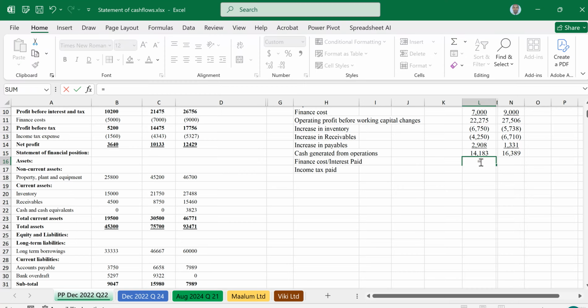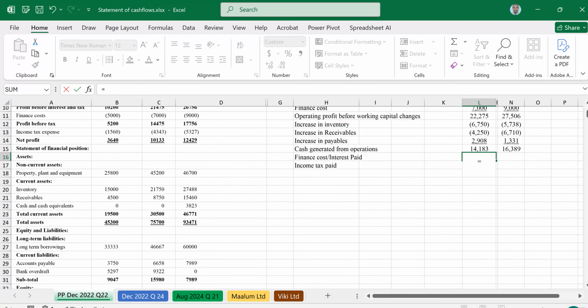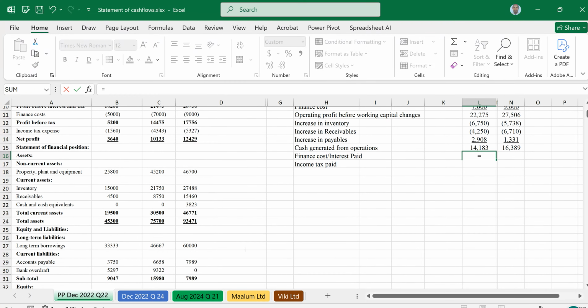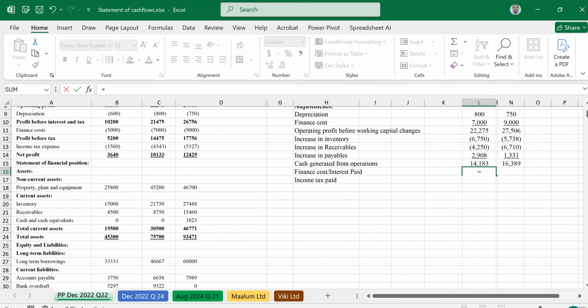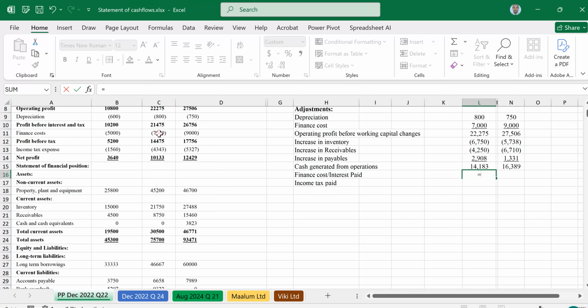Then finance cost or interest paid, there is no liability for that. You can see current liabilities, there is no liability for such items. So you take the finance cost as it is. Here it amounted to 7,000 outflow. The other one amounted to 9,000, also an outflow. Same to tax, income tax paid, take them the way they are, 4343.